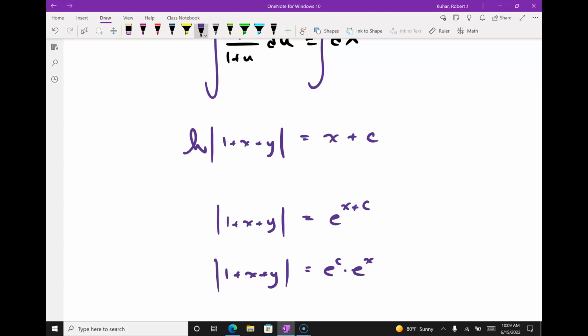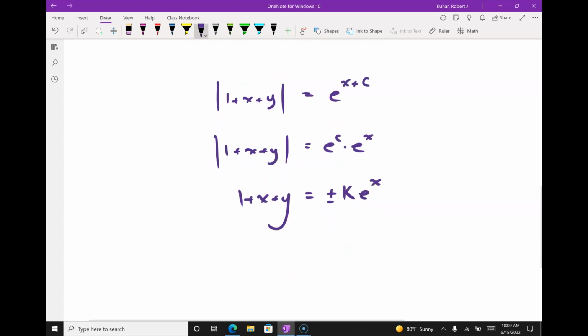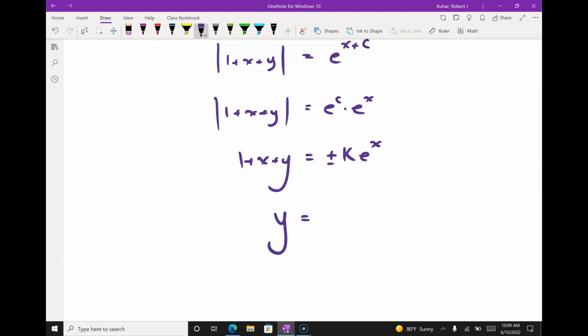And then to kill that absolute value, I need the plus minus, right? And at that point, I'm going k. I'm solving for y. So I get negative 1 minus x plus or minus k e to the x. So there's my general solution.